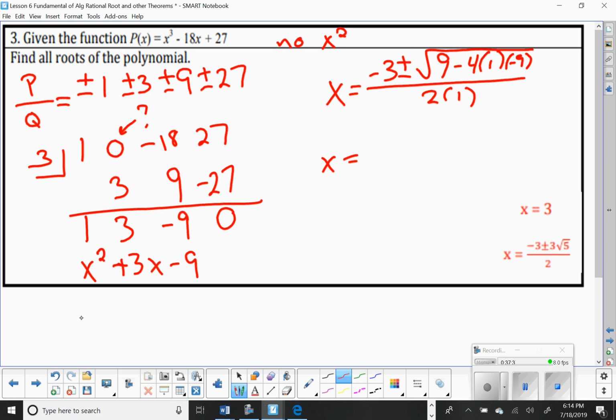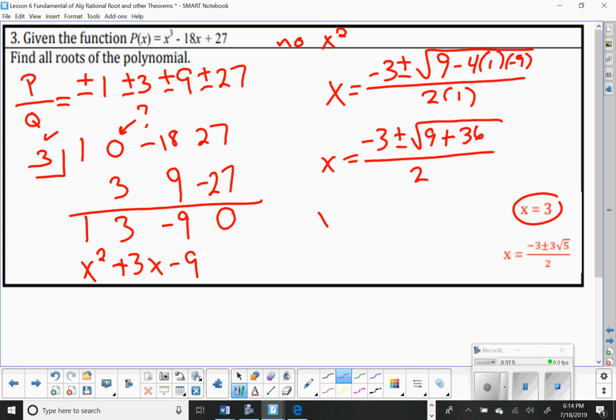Okay, and we already know that x equals 3. That one checked. So here x is equal to -3 plus or minus the square root of 9 plus 36. A negative and a negative makes that a plus, all over 2. x is equal to -3 plus or minus the square root of 45 over 2.